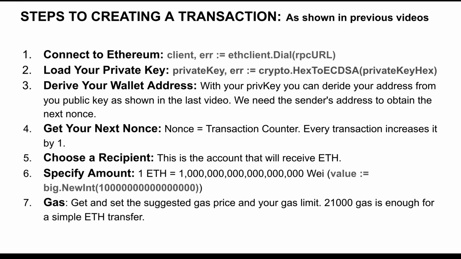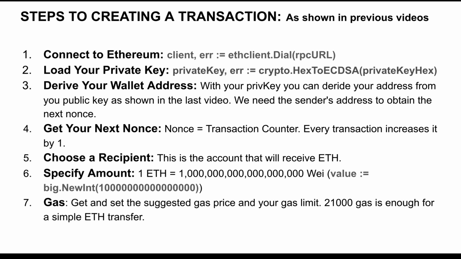So from your private key, you can derive your public key, and then you can use your public key to derive your address. That is going to be your sender's address, and then from your sender's address you can get the next nonce that you're going to be sending, right? And you pass it into the transaction as your nonce, right?